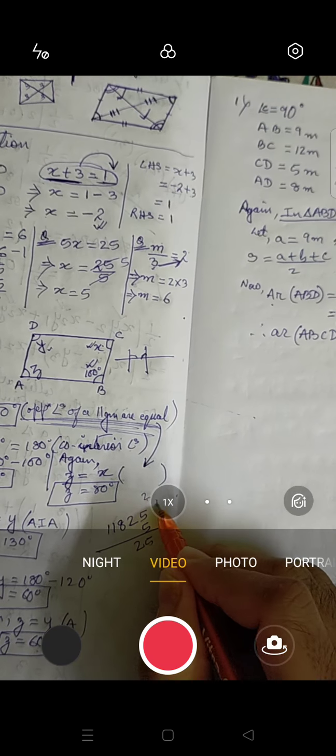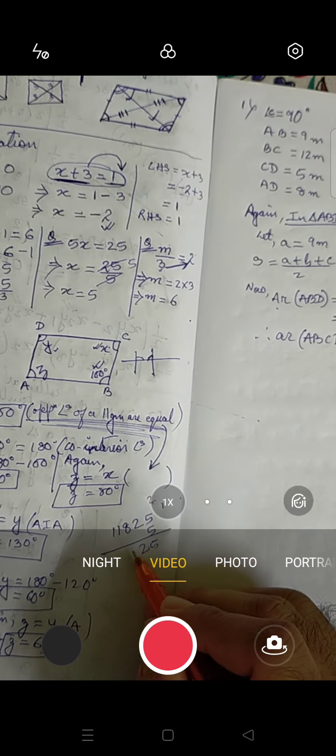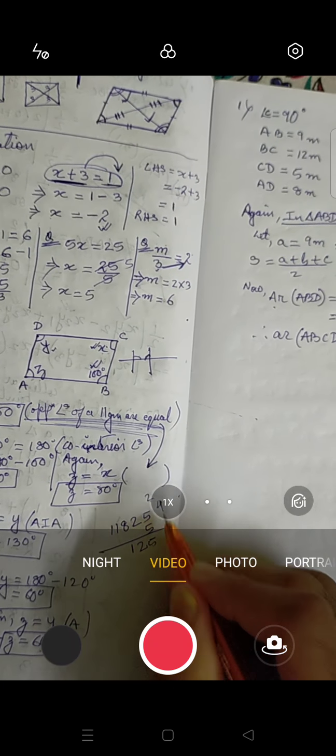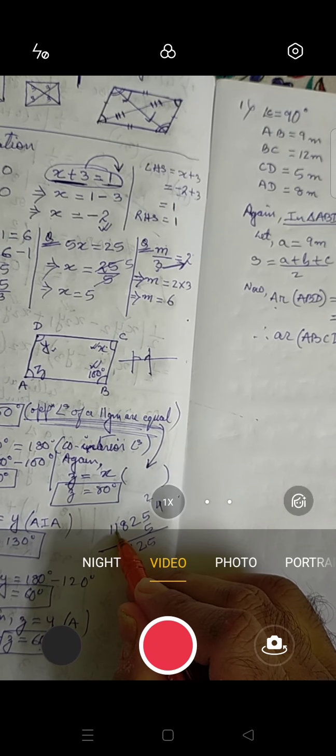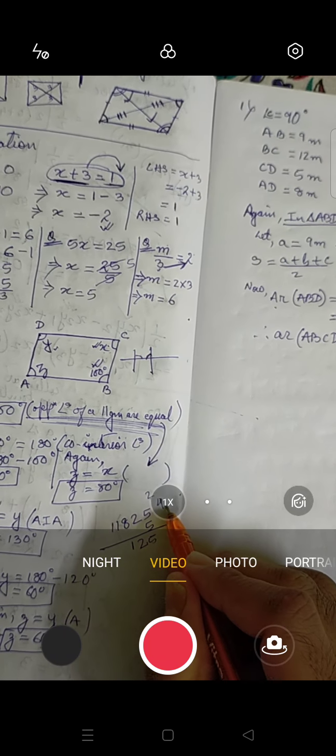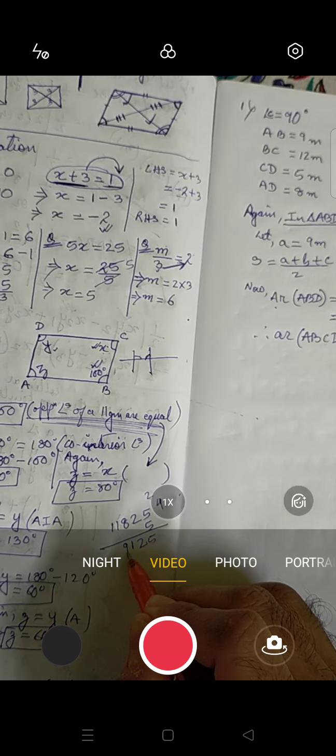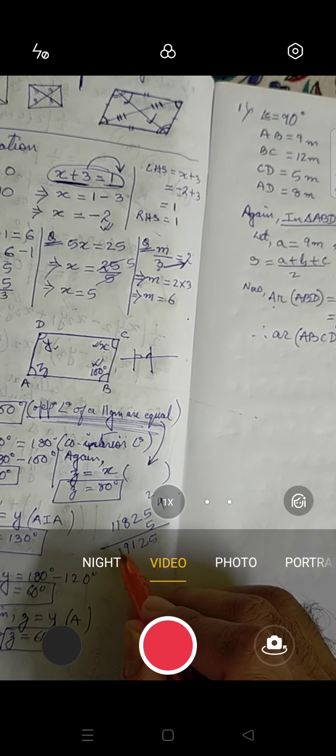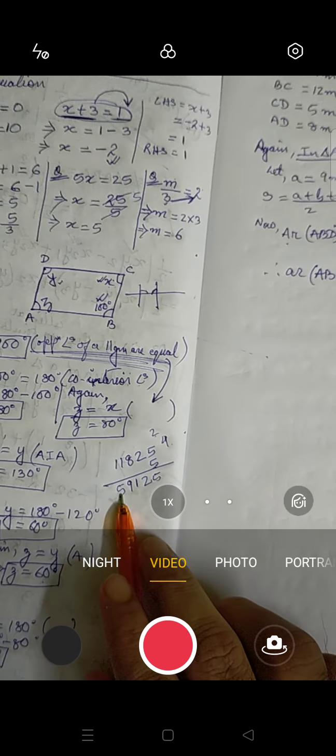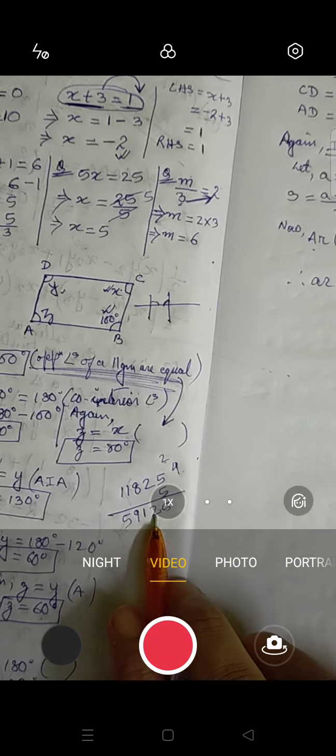Carry 1, 5 8s are 40, 41. Carry 4, 5 1s are 5, plus 4, 9. 5 1s are 5. So we are having 59125. We are having here 71900. That means yes, we can take it by 5.